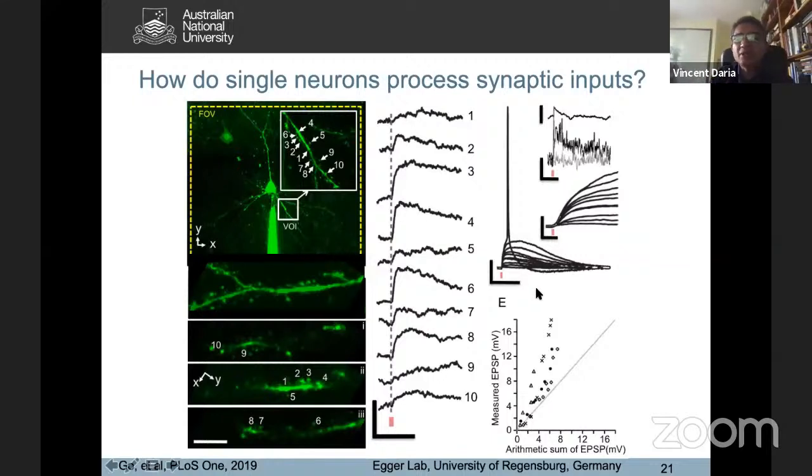So there's some kind of nonlinearity that occurs within the dendrite when it's receiving inputs. So it's not a linear integration, for the neurons to process all of these synaptic inputs simultaneously. Yeah, so that's one of the main findings in this work.